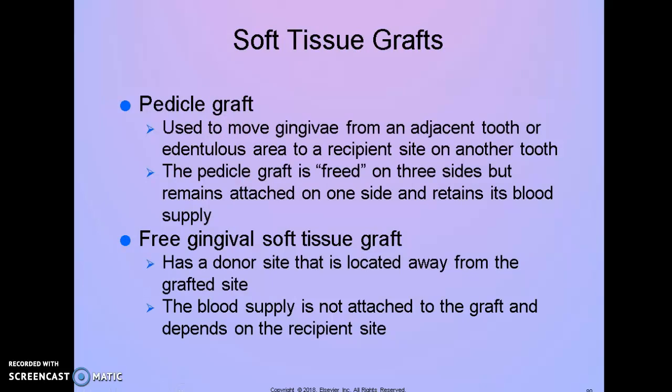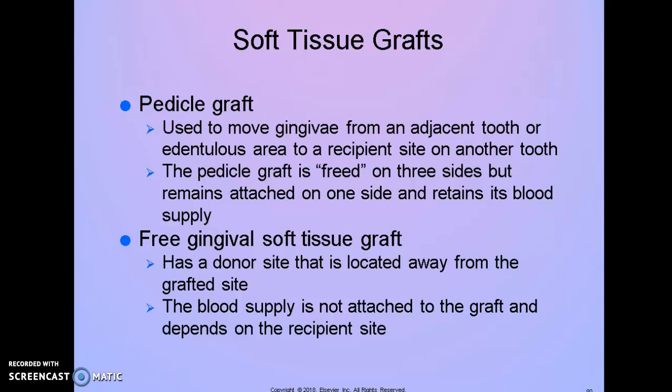Soft tissue grafts, we have a couple of these. One is called a pedicle graft, which is used to move gingiva from an adjacent tooth or edentulous area to a recipient site on another tooth. The pedicle graft is freed on 3 sides but remains attached on one side and retains its blood supply.